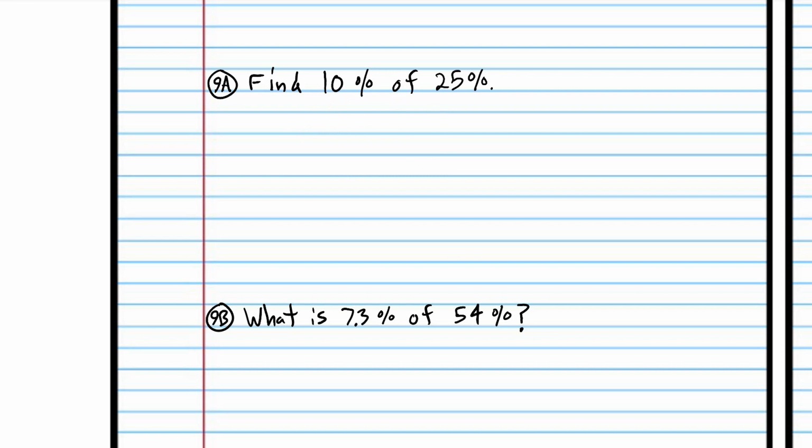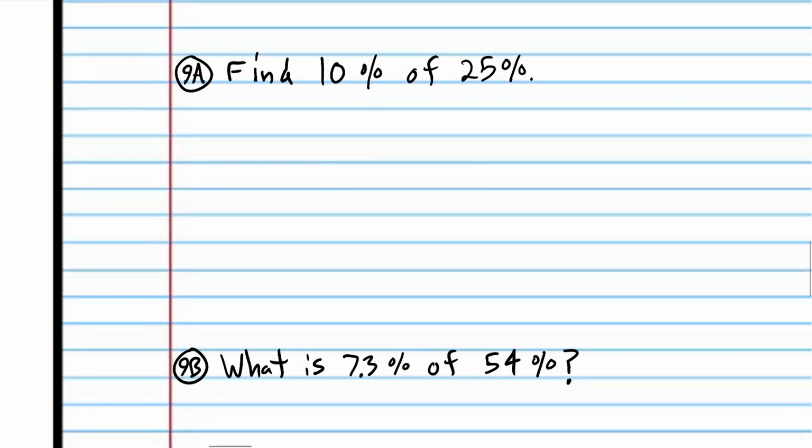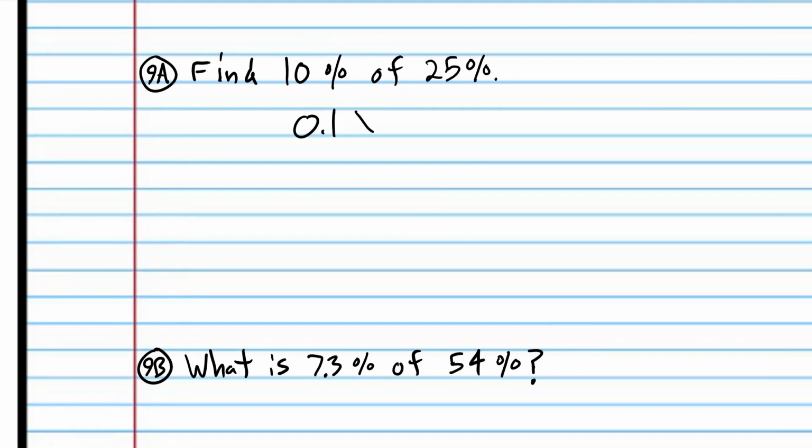And that's another thing that we could do. We could do 10 over 100. 10% means 10 out of 100. And then times that by 12 over 100 or 25 over 100. You get the same thing. But the easiest way to do it is almost always to use decimals. So 0.1, you change it to a decimal, and then to find a percent of a number, you change it to a decimal and multiply the numbers.